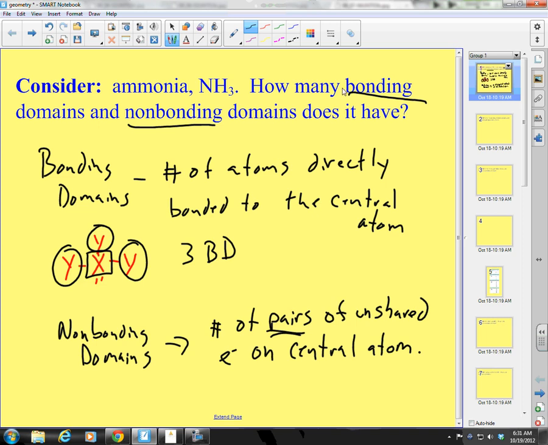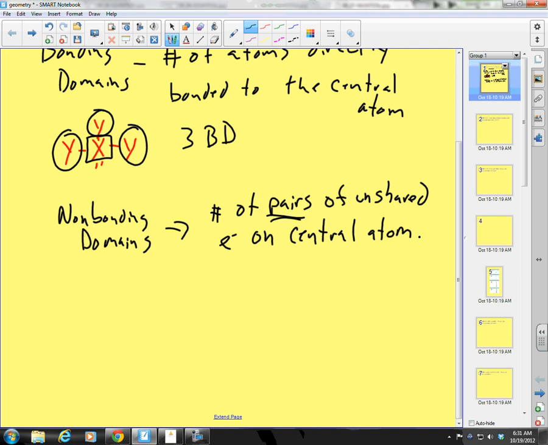So when we look at our last example again, let's draw that again. I have X, I have Y, Y, Y, and a pair of electrons here. We look at our central atom, and we say, hey, I've got 3 atoms bonded. Those are my bonding domains. And then I have an unshared pair down here. This is my non-bonding domain.